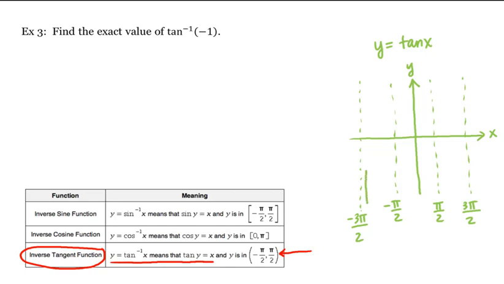And tangent looks like this. And notice that tangent is not 1-to-1. However, on the branch between -π/2 to π/2, for example, it is.